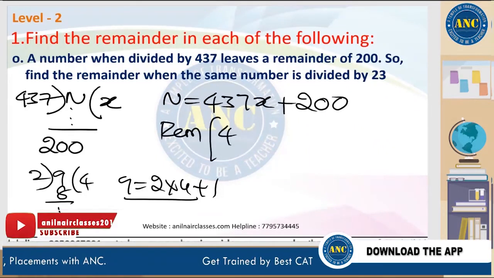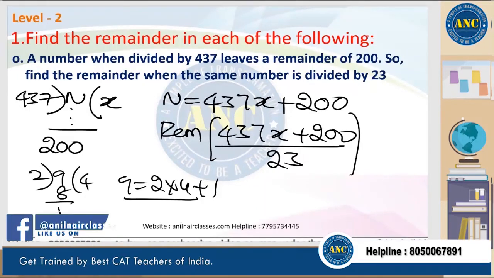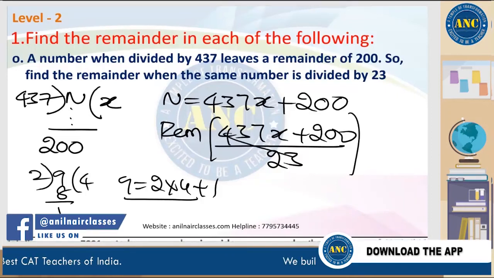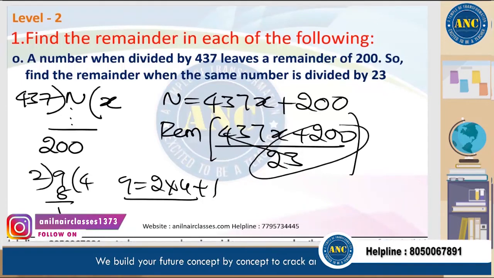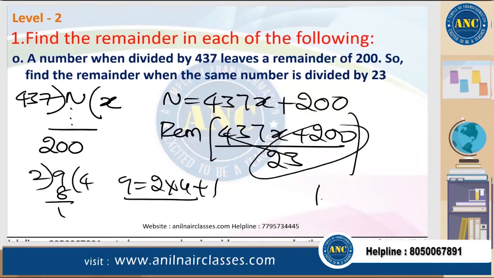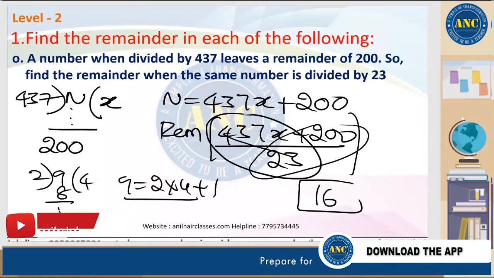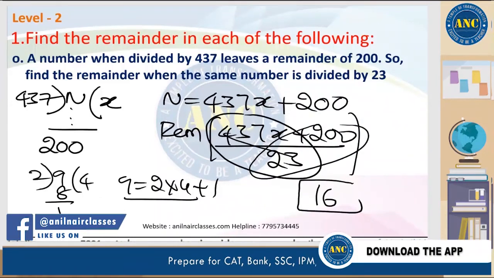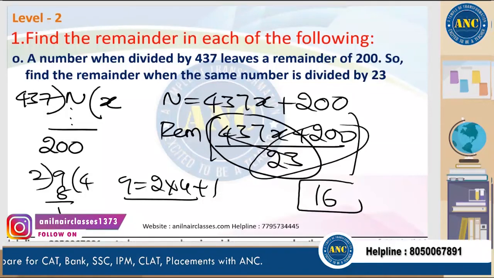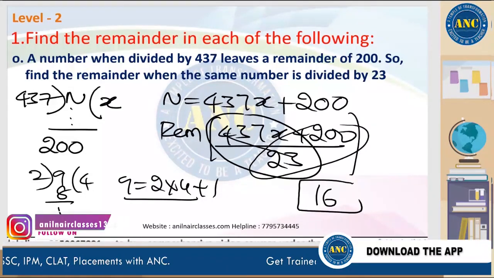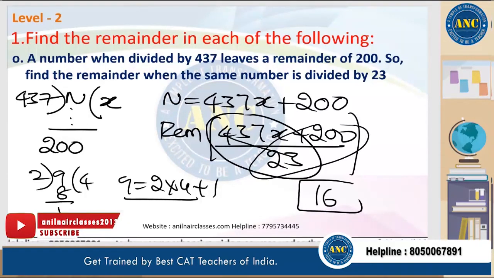Now divide 437x plus 200 by 23. 437 divided by 23 is 19, since 23 nines are 207, and 23 ones are 23, so this entire part is divisible by 23. 200 divided by 23: 23 eights are 184, so the remainder is 16. Idea clear, right?